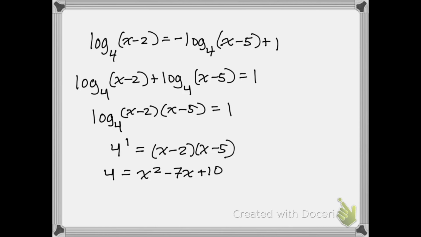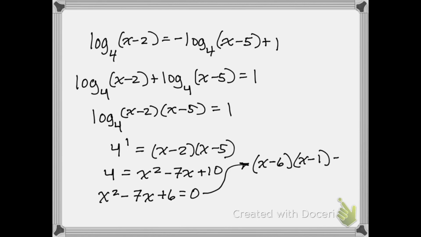I'm also going to reflect it just for convention's sake, so x squared minus 7x, and then when I subtract the 4, I'll have 10 minus 4, which is 6, equals 0. We're solving for x here, so I'm going to factor again. It looks like x minus 6 and x minus 1.